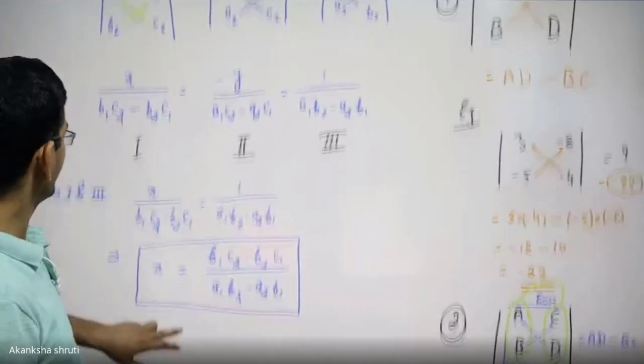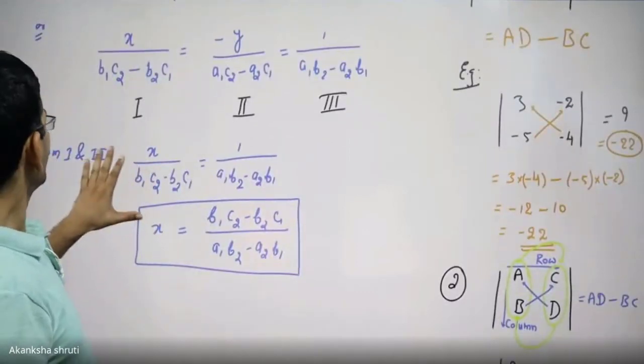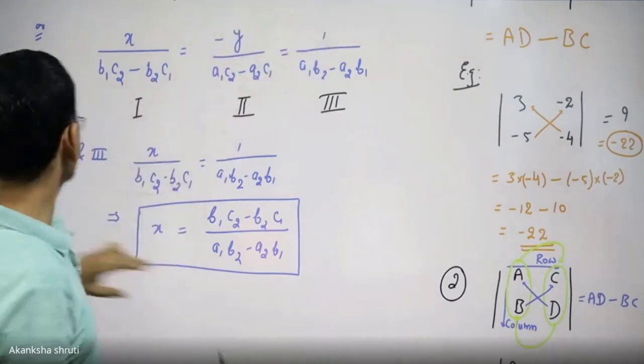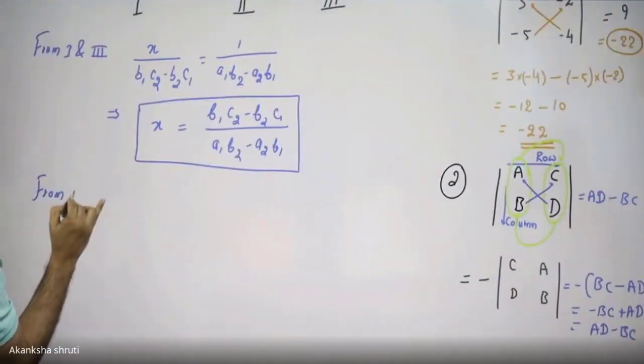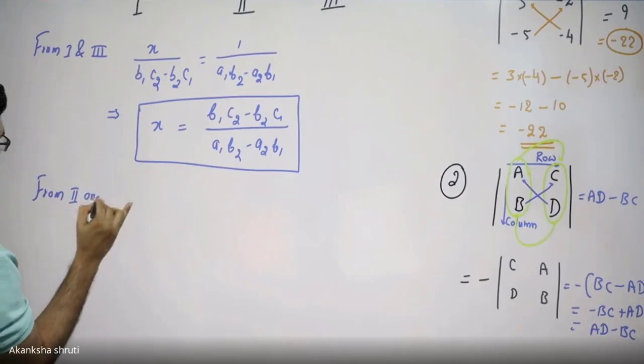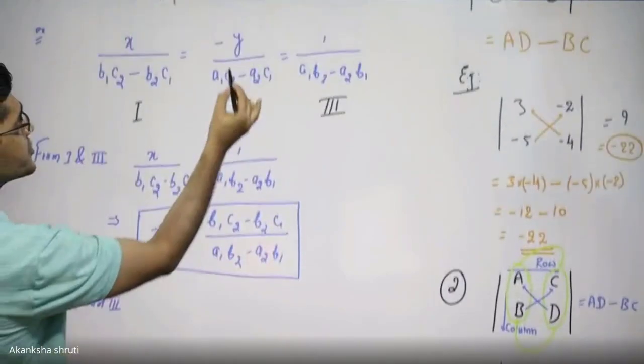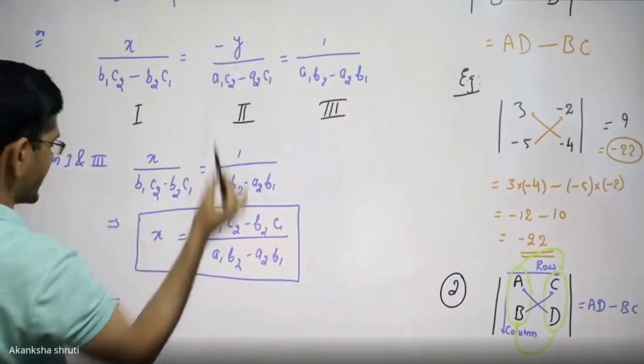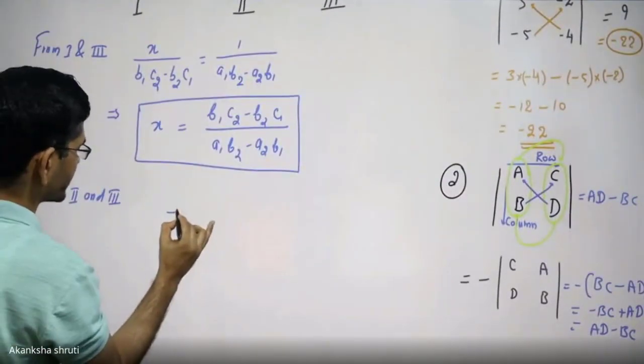Also, for determining the value of y, we need to equate this 2 with this 3. From 2 and 3, keep in mind, this is our 2, this is our 3. Here y is negative, so do not forget those minus signs.